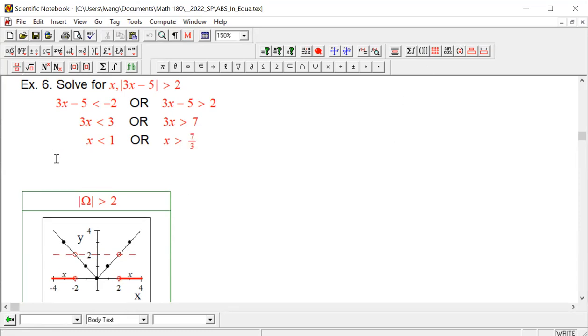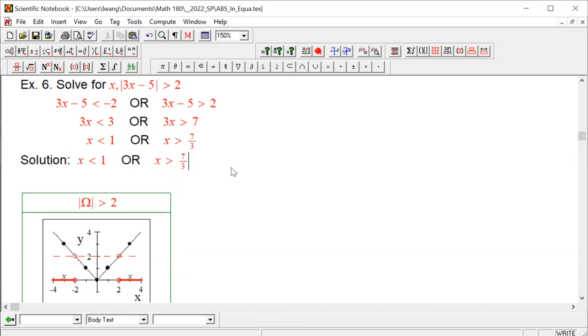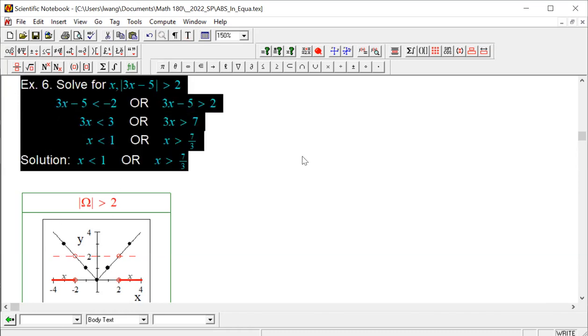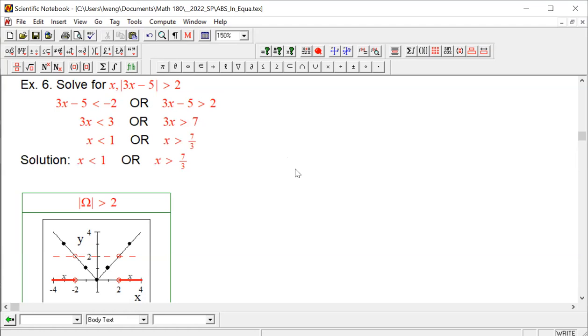And that's it. That's our solution. You tell the reader the solution is x less than 1 or larger than 7/3. And that's how you show your work.